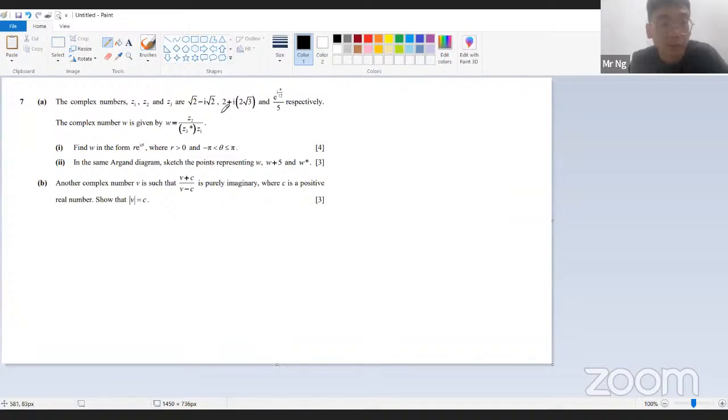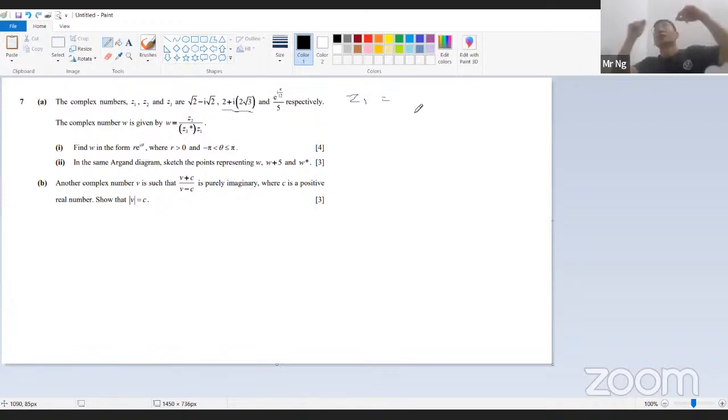So what is Z2? Z2 is this thing. So let's express Z2 as a complex number, and Z1 and Z3. Z1 as a complex number first. So Z1 equals to, let's find the modulus.